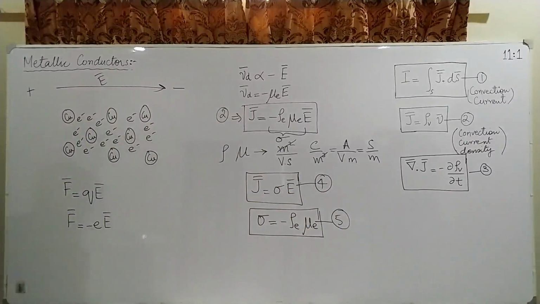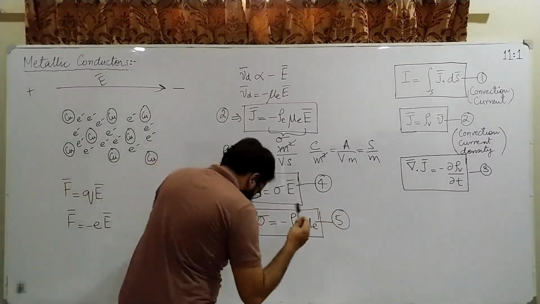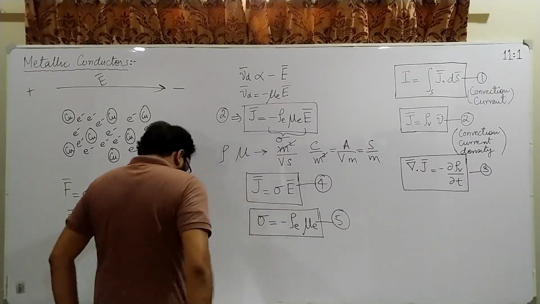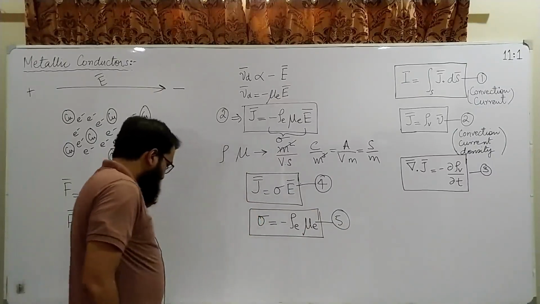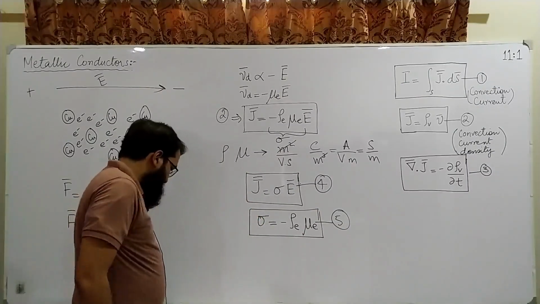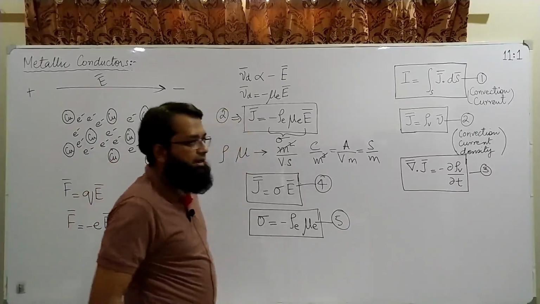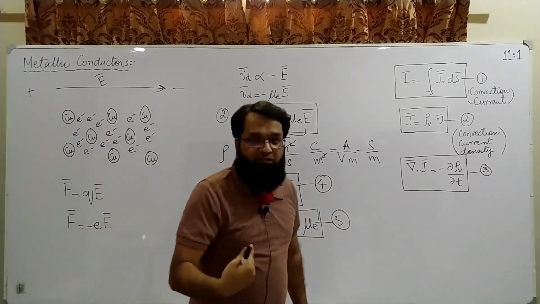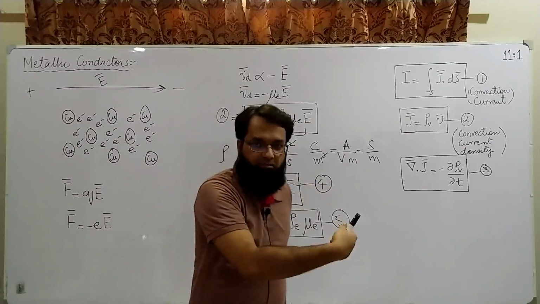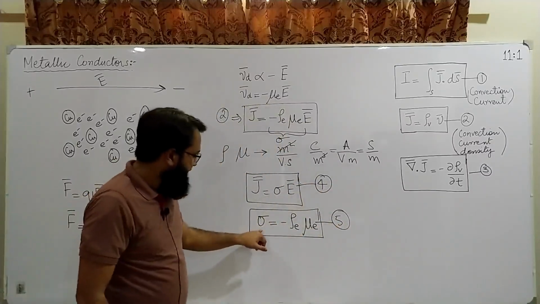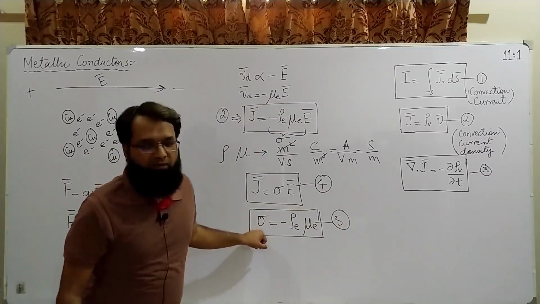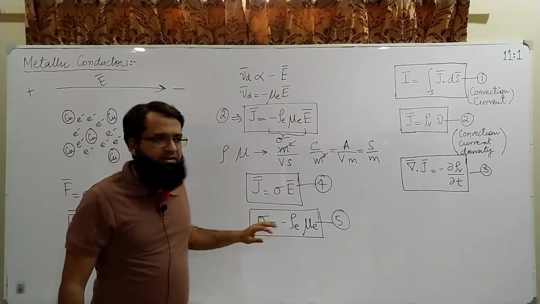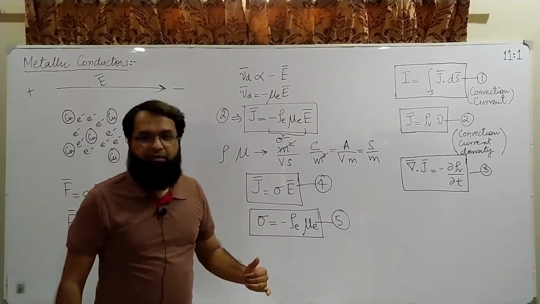One interesting thing you should know is that the mobility of electrons for aluminum is 0.0012, and for copper it is approximately 0.0032. The mobility of copper is 2.5 times higher than that of aluminum. But the conductivity of copper is not 2.5 times higher than that of aluminum. Rather, it is slightly less than twice as high.